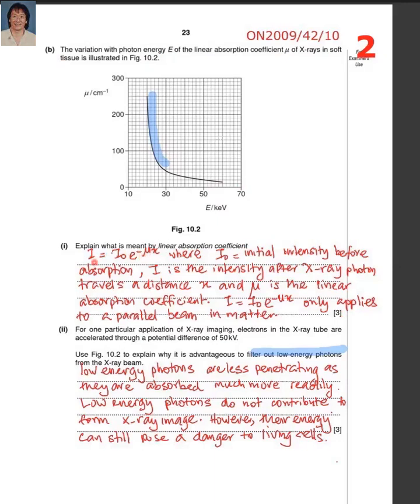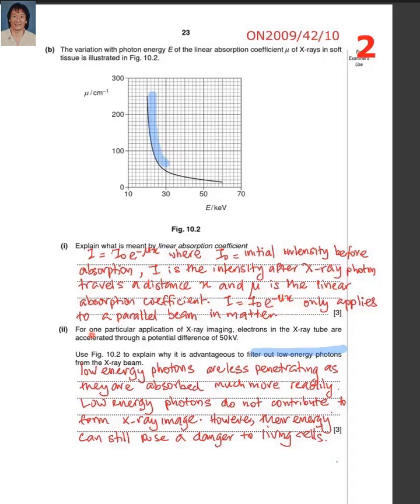I equals I naught e to the power of minus mu x, where I naught is the initial intensity before absorption. I is the intensity after the X-ray photon travels the distance x. x is the distance traveled by the X-ray, and mu is the linear absorption coefficient. And then you must understand that this formula only applies to a parallel beam of X-ray in matter.